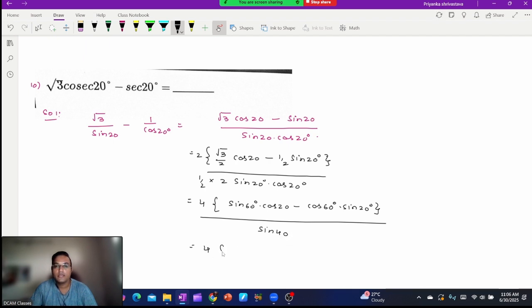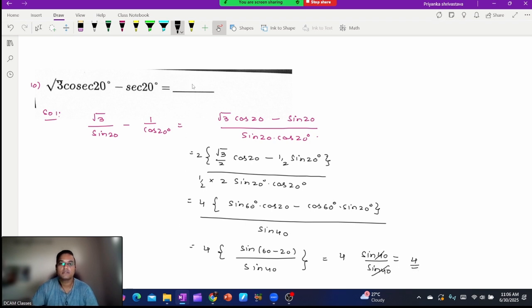Now 4 into sin A cos B minus cos A sin B is sin of A minus B. So it will be sin of 60 minus 20 by sin 40. It's 4 into sin 40 by sin 40. Cancelled. 4 should be your correct answer. 4 is our answer.